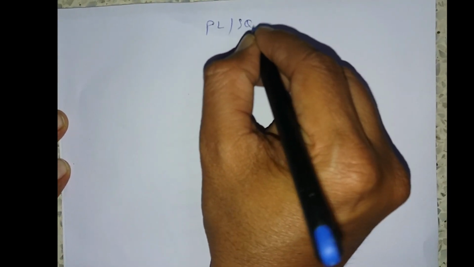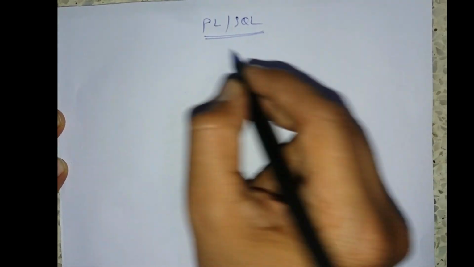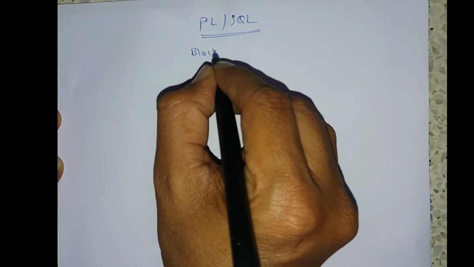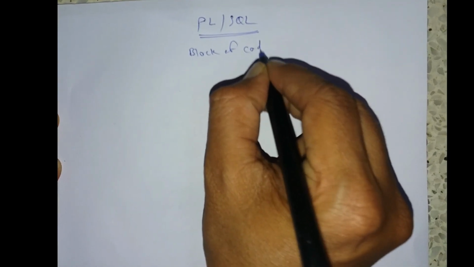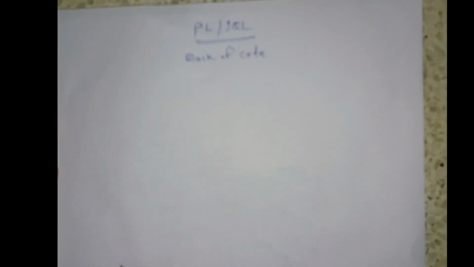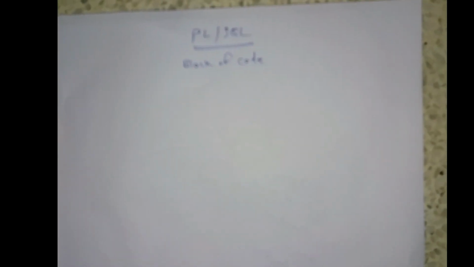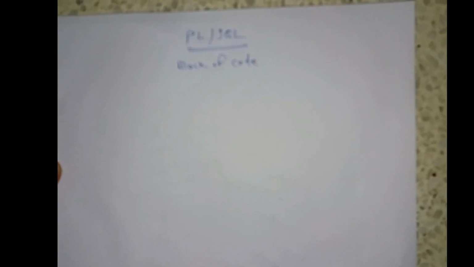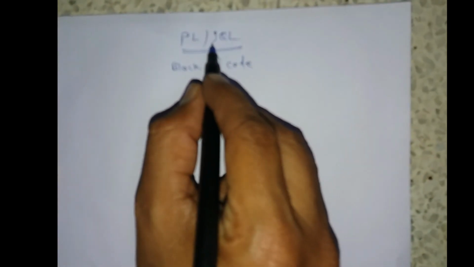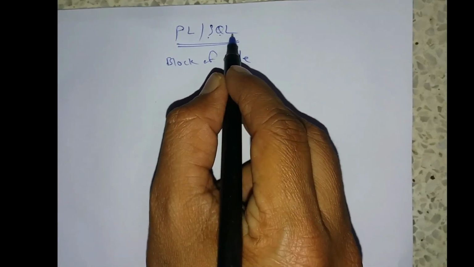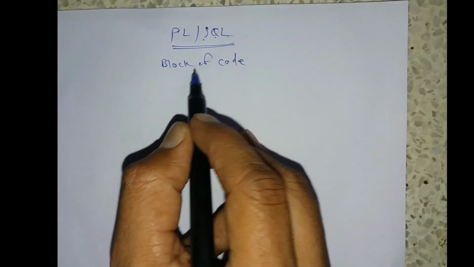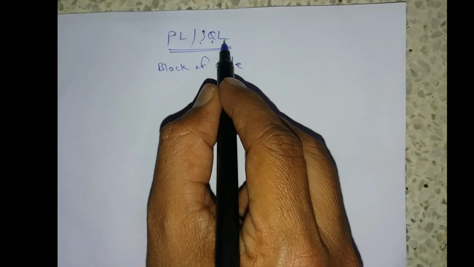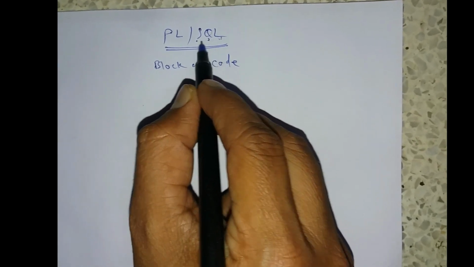So guys, today we consider the PLSQL block of code. Firstly we understand the meaning of PLSQL. SQL, as you know, is structured query language, but it is less featured than programming.